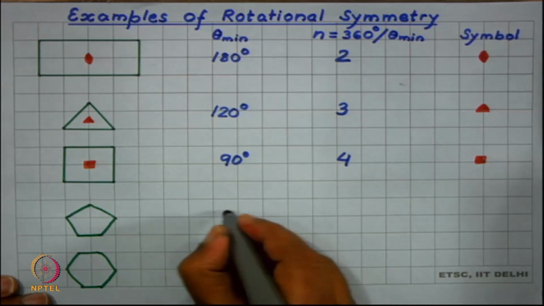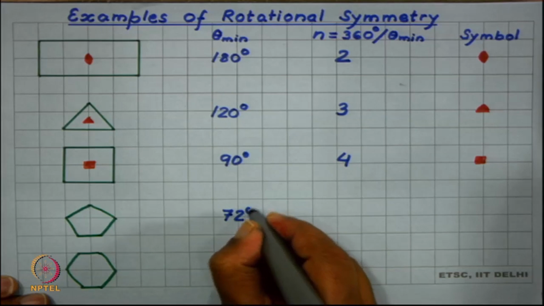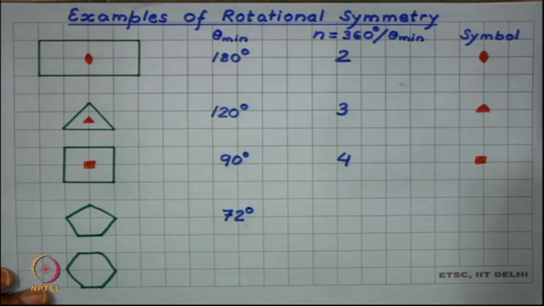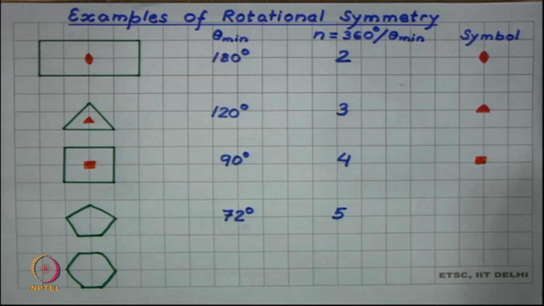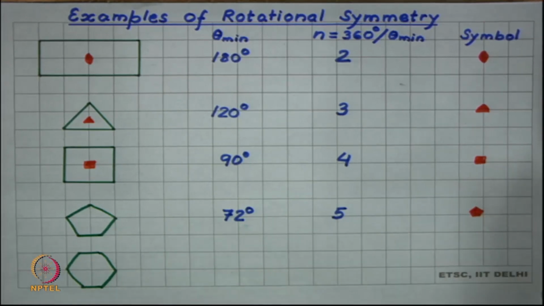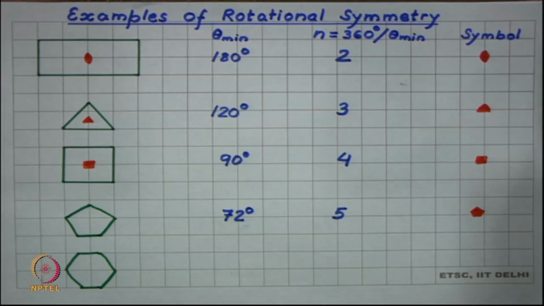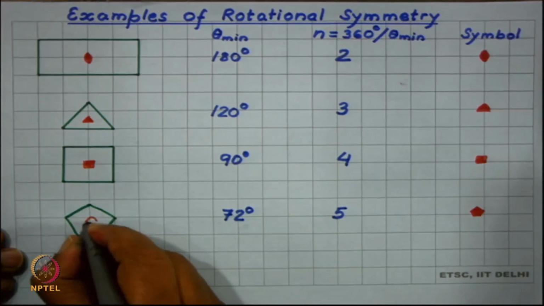A pentagon, angle 72 degree, the fold of the axis 5, symbol a little pentagon. So, it is intuitively obvious now what will be the symbol for all other rotation axes.